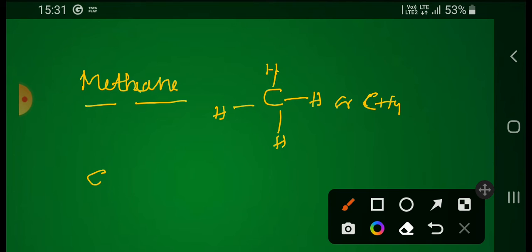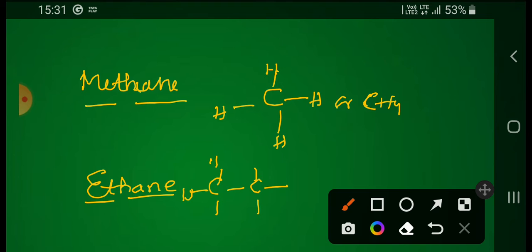Similarly, if we write ethane, the root word eth means two carbon, and this is C2H6. This is the molecular formula.